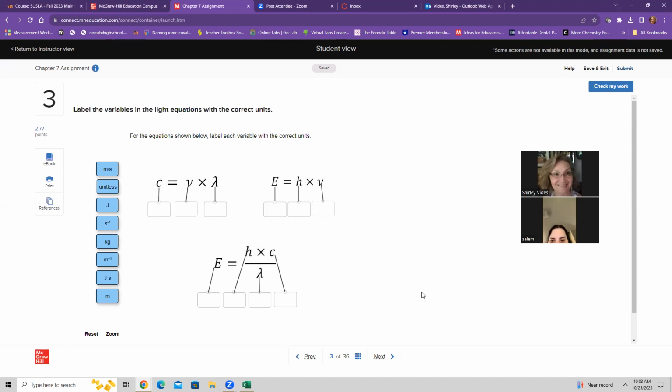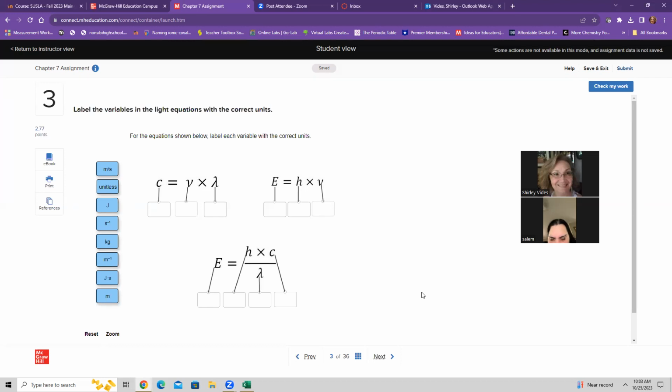Okay, so these are the three equations, and I'm going to write them down. That V that looks like a V is nu, and nu is the frequency.